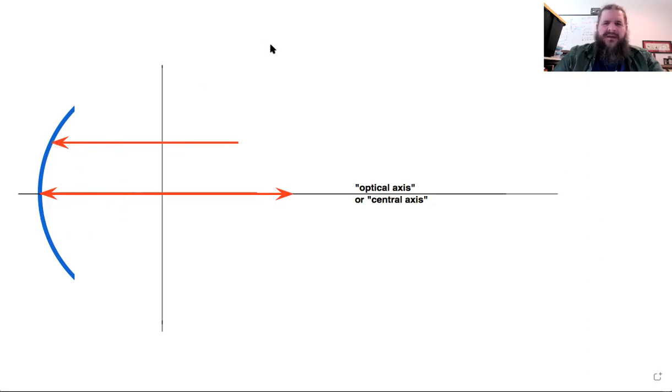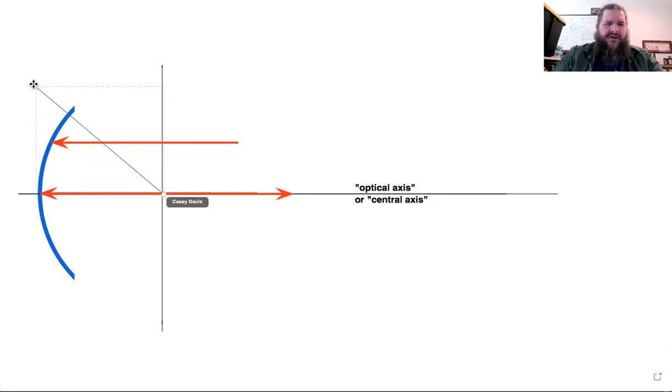And we can see why that is by drawing in what we call a normal line. A normal line just means a line perpendicular to the surface of the mirror at that location. And one of the convenient things about a spherical mirror is that any normal line, any line that's perpendicular to the surface, is guaranteed to go through the center of the sphere.